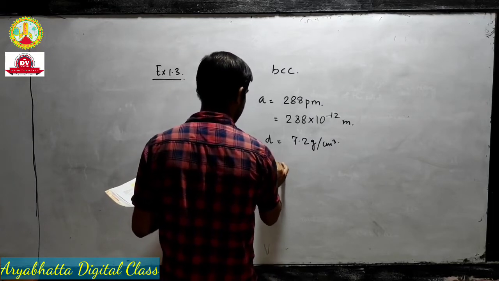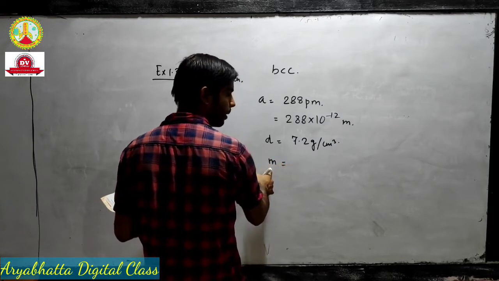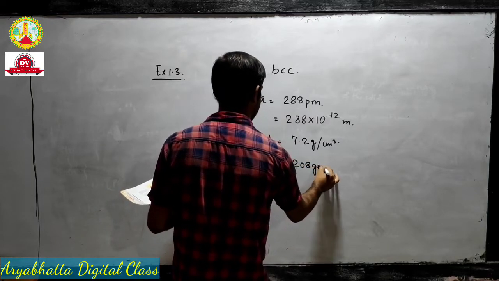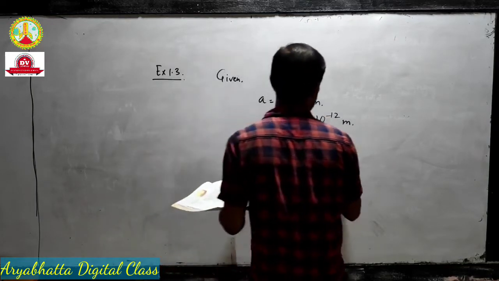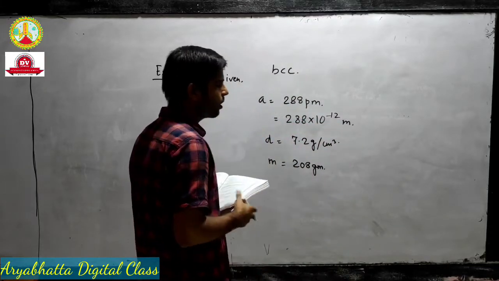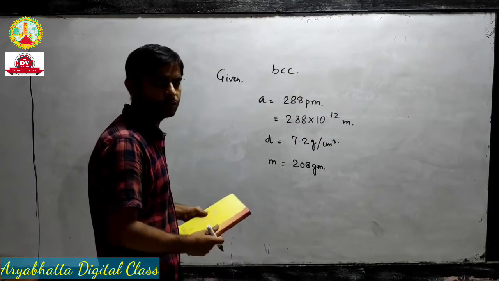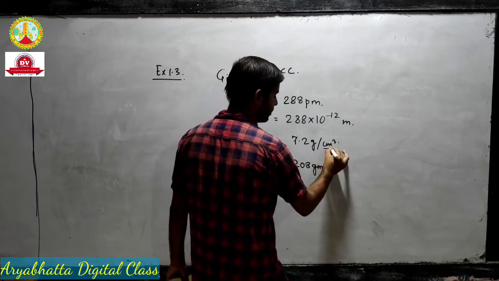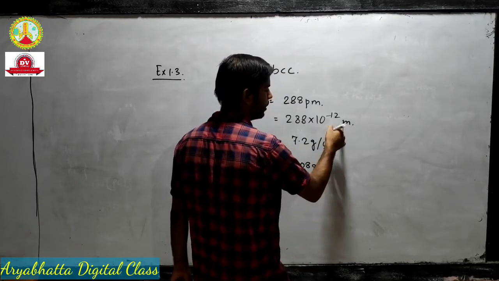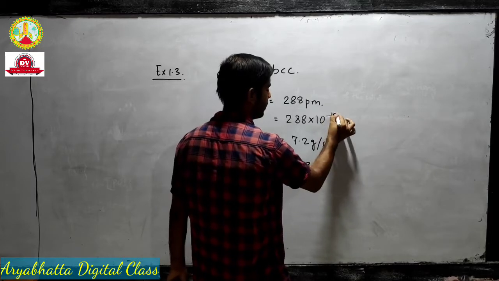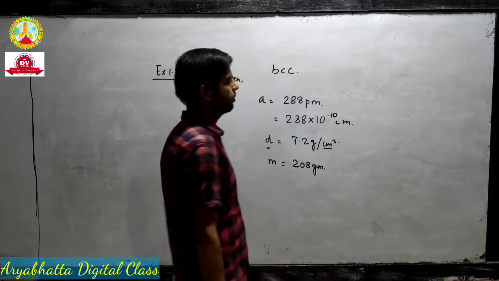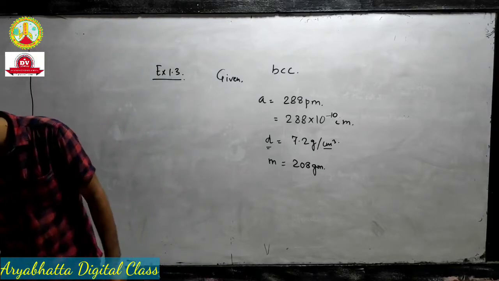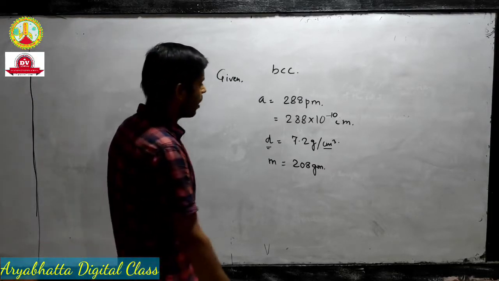So the given mass is 208 gram, this is not molar mass. Depending on the question we have to change the units. The density is given in centimeter cube, so we have to take the length in centimeters. So how will we do it?